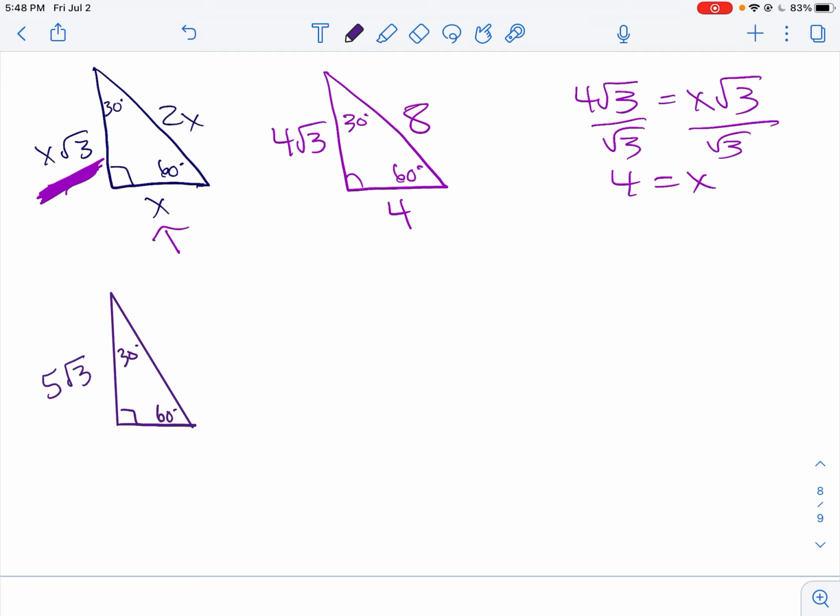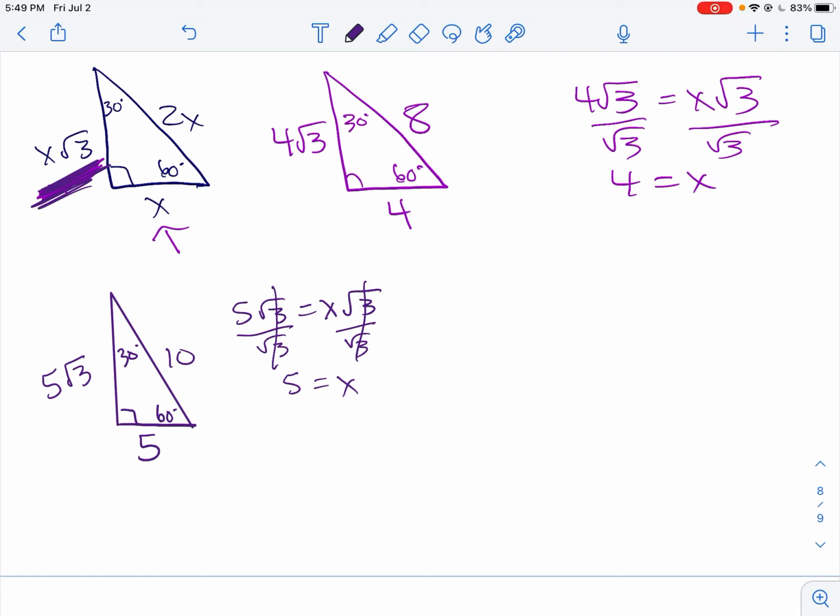Okay? So 5 radical 3 is equal to x radical 3. Where did I get the x radical 3? I got it from right there. Divide by the square root of 3. That cancels, I get 5 is equal to x. So the side across from the 30 is 5, and the hypotenuse, you double it.